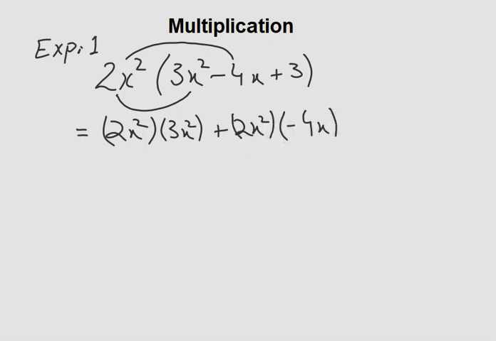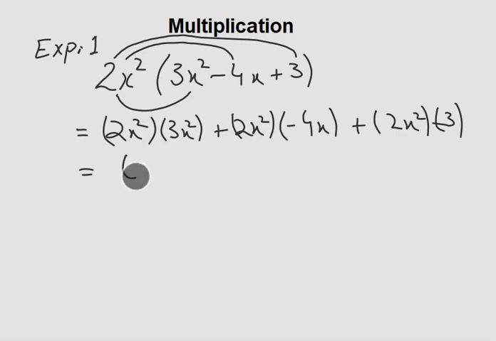And now 2x square will be multiplied with 3. So now 2 multiplied by 3, we will get 6.